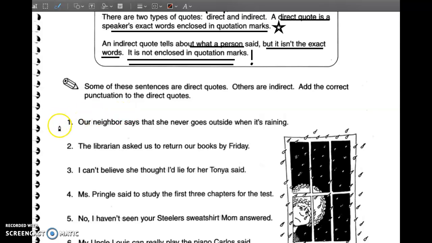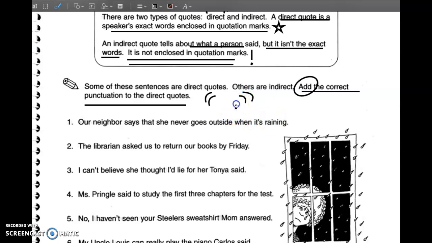Let's take a look at the very first one. We need to add the correct punctuation to direct quotes. Remember, that's going to include our quotation marks, and it's also going to include punctuation.